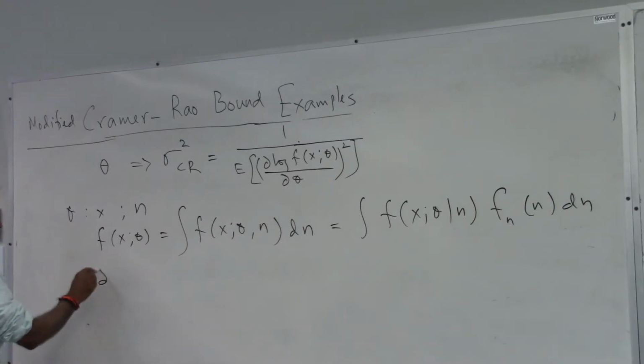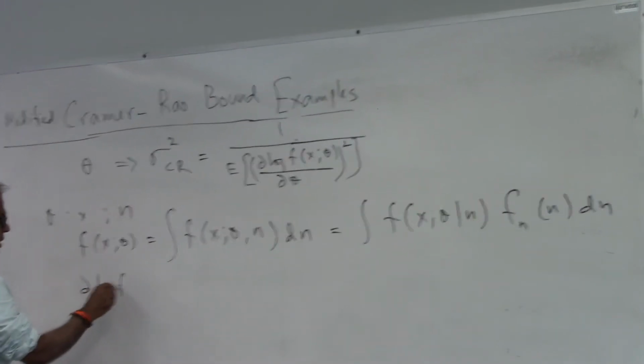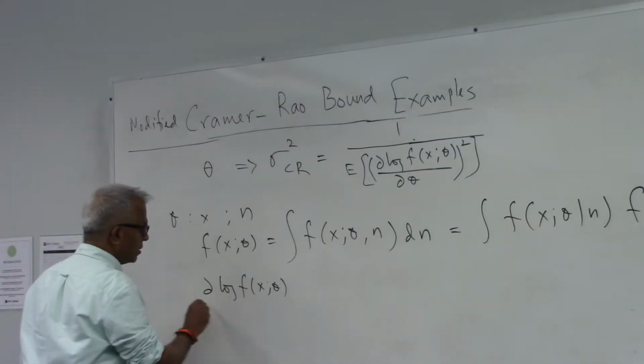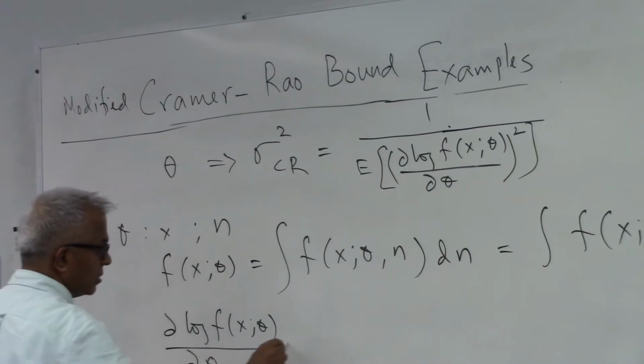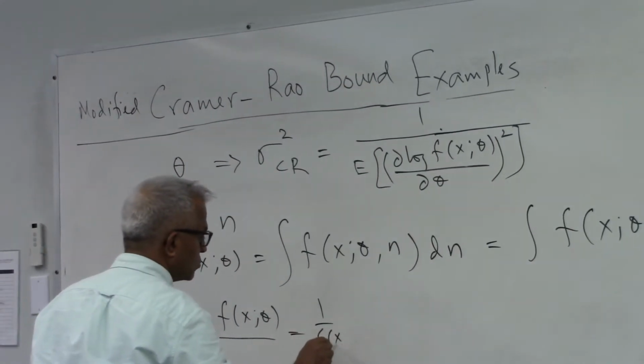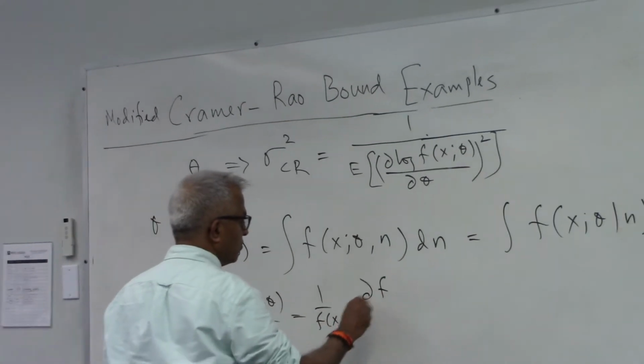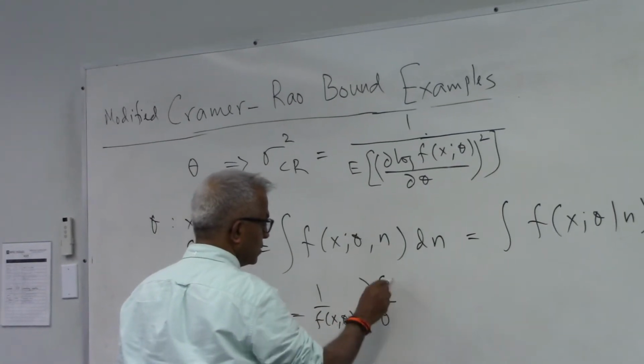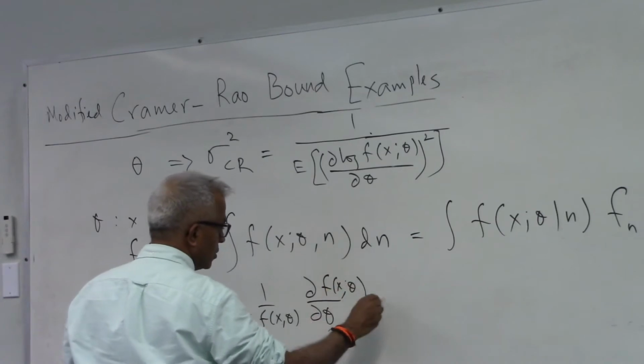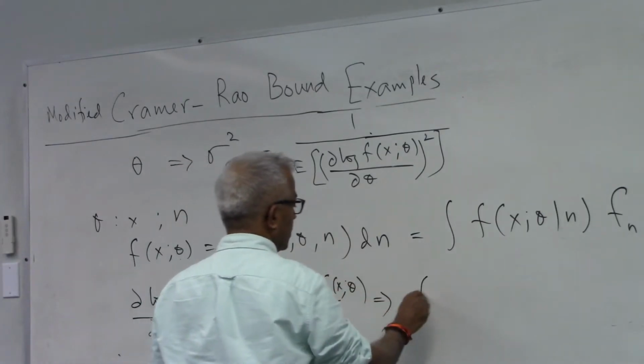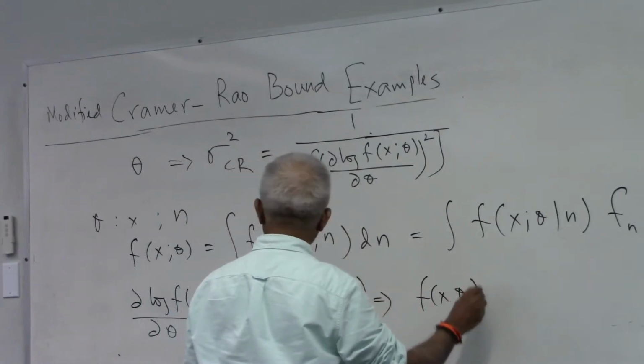If you look at this expression, d log f of x comma theta d theta, this is 1 over f of x comma theta times df d theta. So from here, we have f of x comma theta.